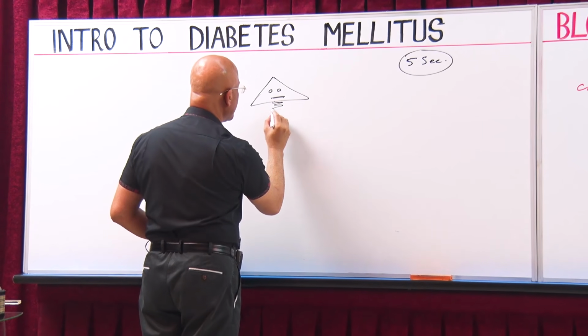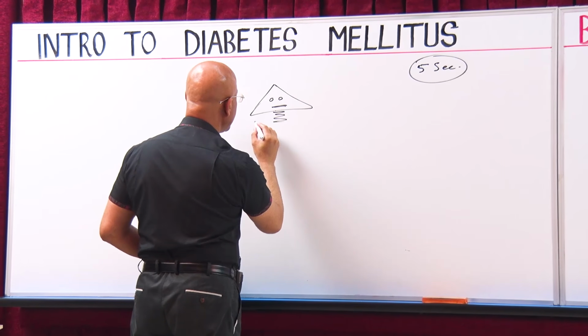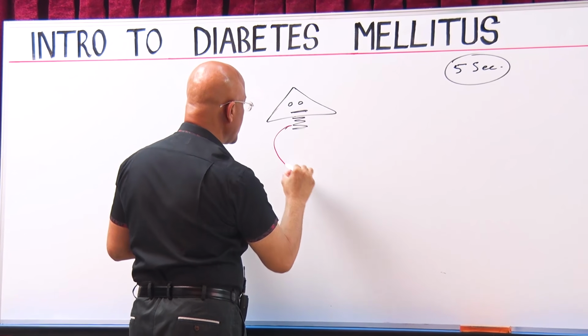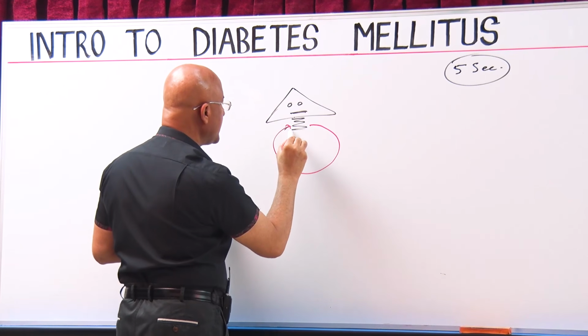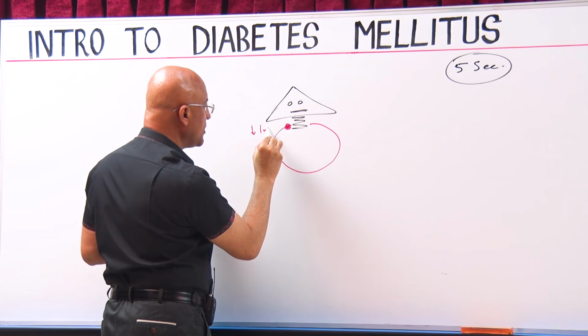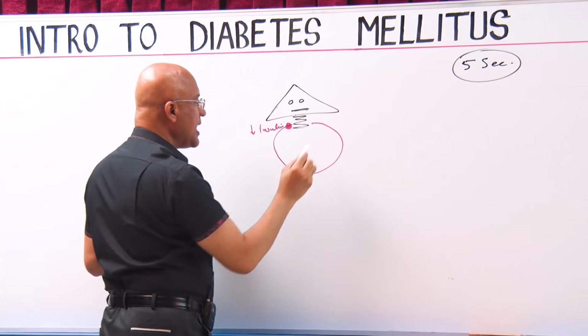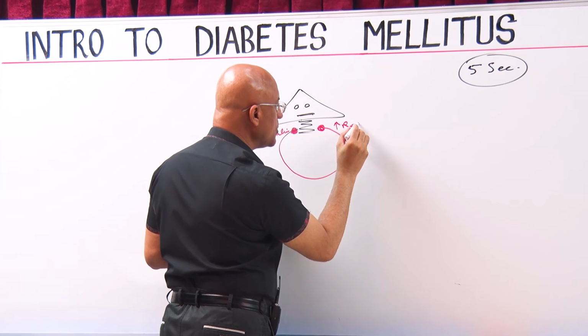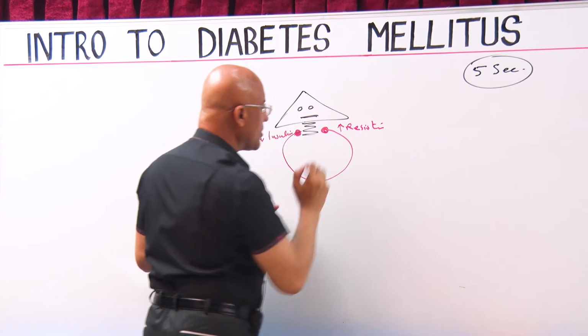In this diabetic monster, we'll put it here. This is our death string. Here there is reduced production of insulin. And here what is there? Increased resistance to insulin, right?